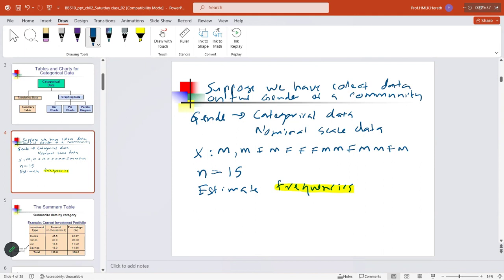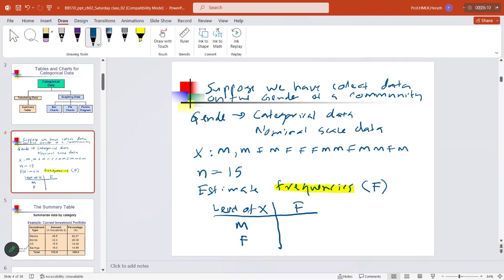So we have the levels of X, we have males and we have females, and we can here put the frequency F. This we can put in a table actually. We can estimate frequency.